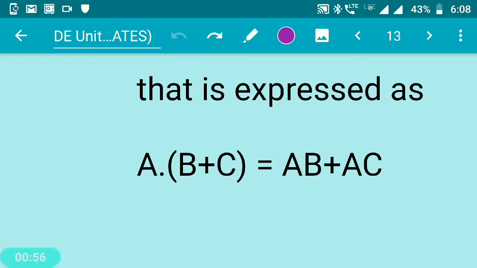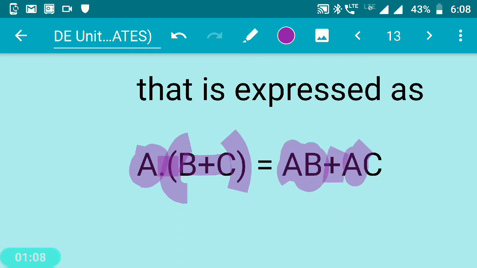So it can be written as A and B or C is equal to A and B or A and C. If you have three variables, the second and third variable, if they are ORed together and then ANDed to the first variable, you can definitely write it as the first variable ANDed with the second variable, and in between the two terms you have OR, and the first variable ANDed with the third variable.